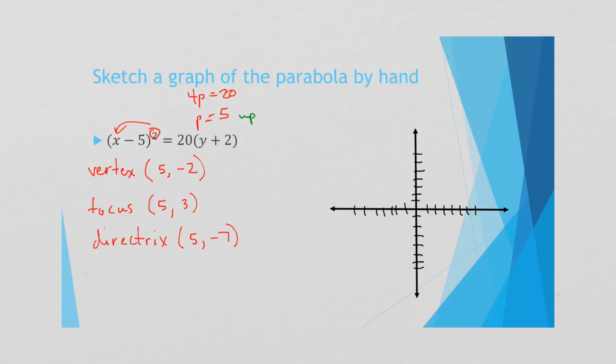So label our points: vertex, 5, -2; 5, 3; and 5, -7.